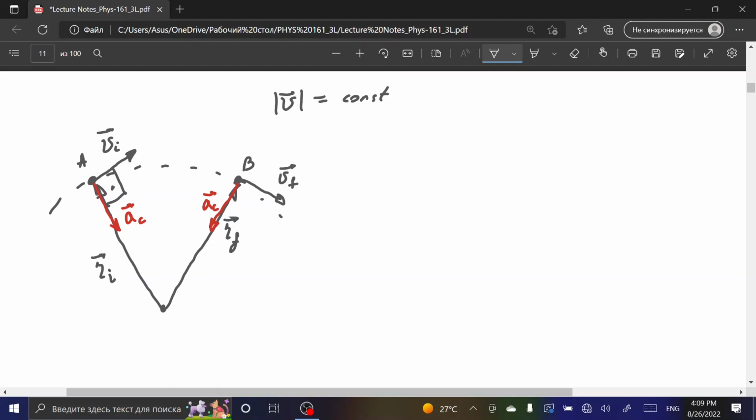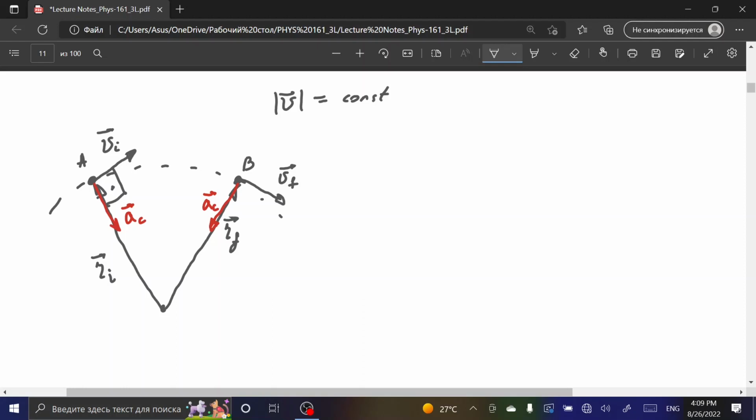So what is happening here? Because this wire does not allow the webcam to move along a straight line, it always exerts some force to keep it going along this circular trajectory.